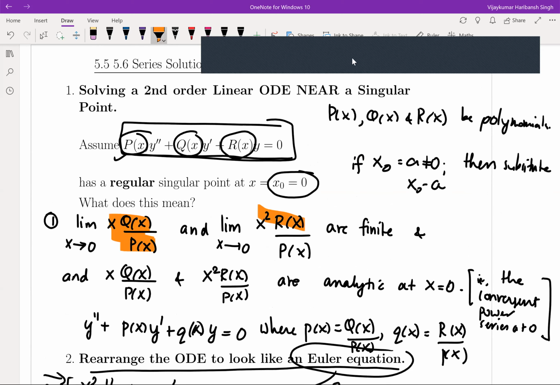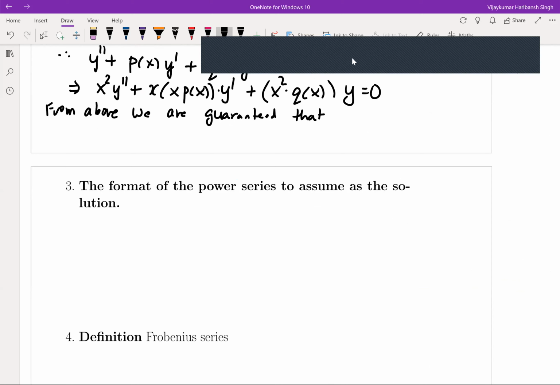So let's see what we get out of this. The upshot is, from above, we are guaranteed that x p(x) and x squared q(x) have convergent power series.